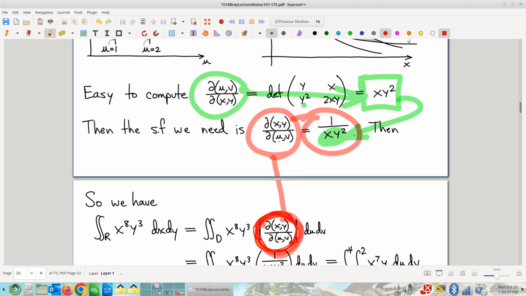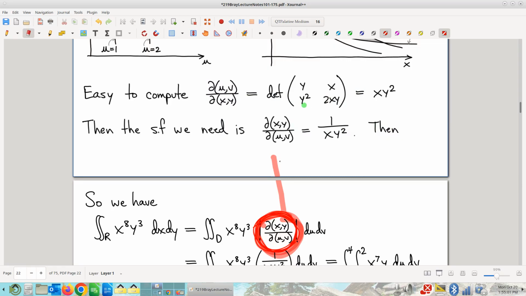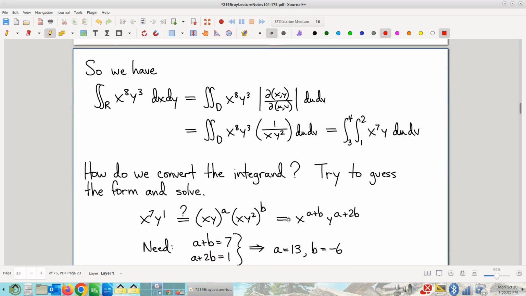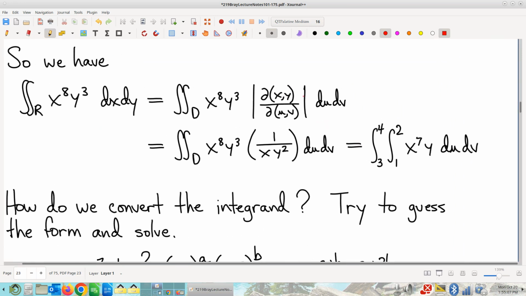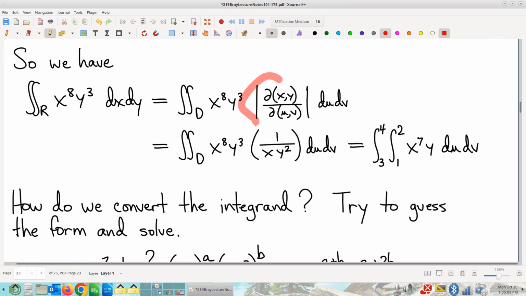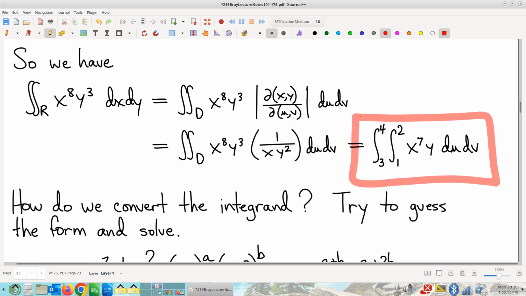Okay, so I don't want to say it's all over with the shouting, but we're pretty close. Once you know this, you plug that in, you can multiply these together, and here's what would, at a quick, careless glance, appear to be the integral that's much easier to work out.